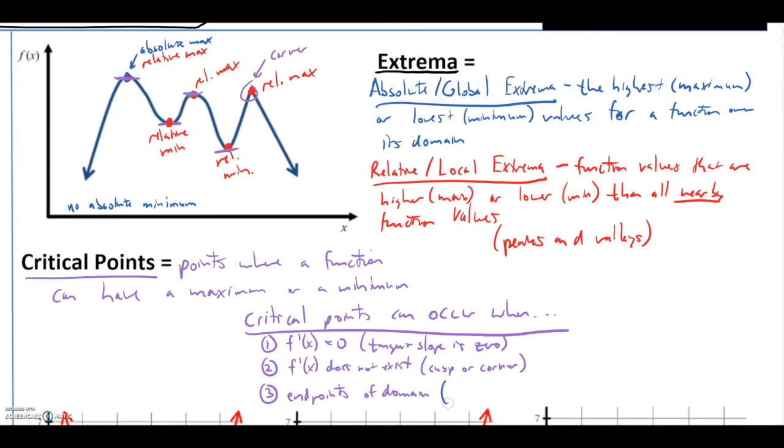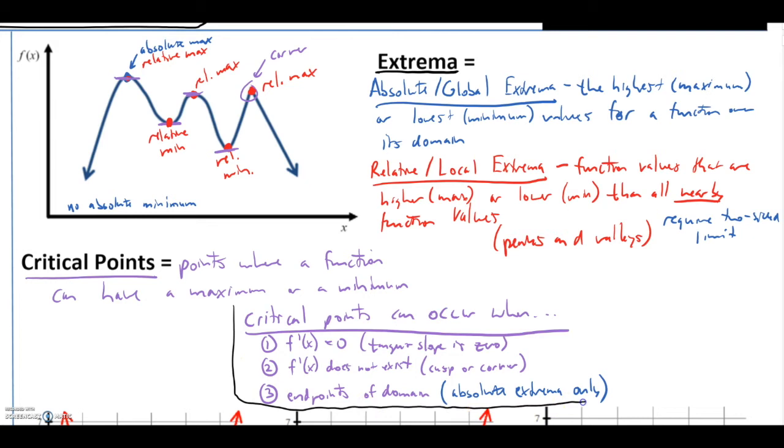But with this, only absolute extrema can occur here. Relative extrema require a graph on both sides, require a two-sided limit, whereas the absolute highest or lowest function value could occur at endpoints if we close off an interval. And so these criteria are what we're going to want to keep in mind as we go forward.